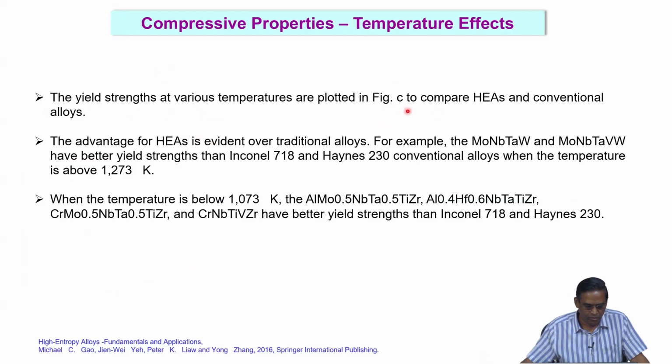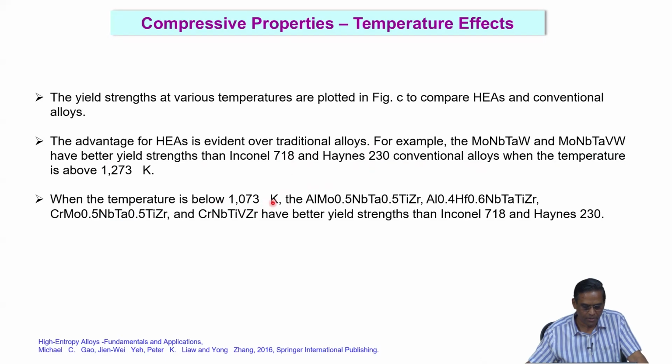So we have also witnessed the yield strength at various temperatures compared to the conventional alloys. The advantage of high entropy alloys is evident over traditional alloys. For example, this molybdenum, niobium, tantalum alloy has a better yield strength than the Inconel 718 and Haynes 230 conventional alloys at high temperatures.